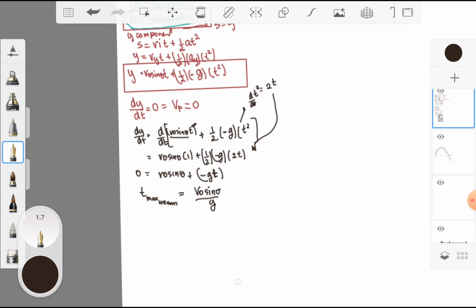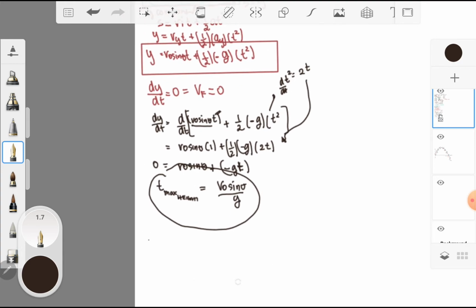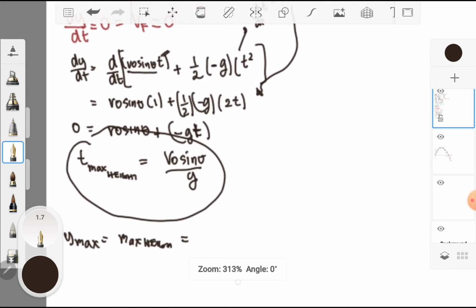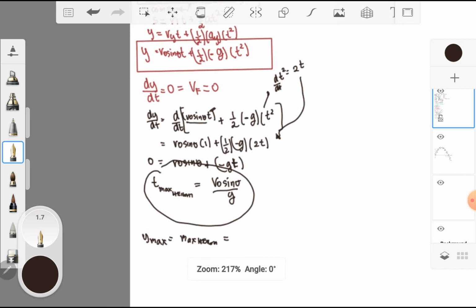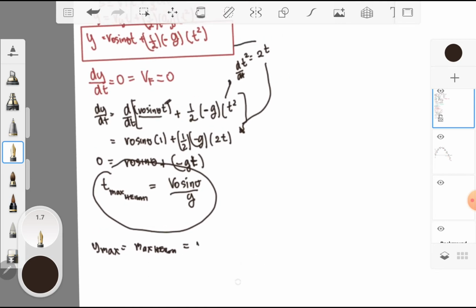So, how will we solve for your max height? By substituting the value of your t max. So, your max height, your y max, is just equal to, we use the equation VO sine theta multiplied by t plus 1 half gt squared.